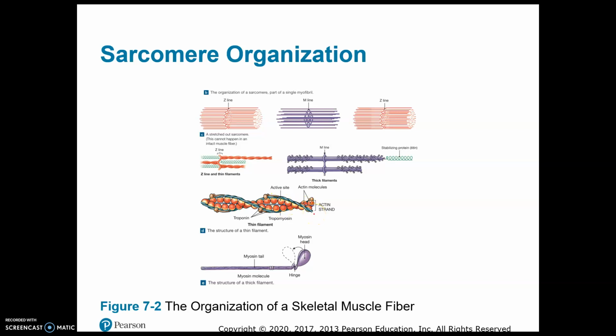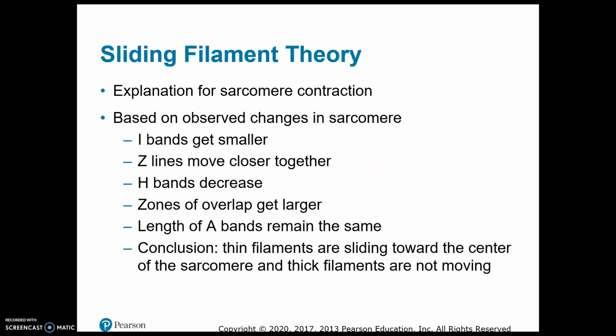So when the sarcomere is at rest, when it's not contracting, tropomyosin covers those active sites so the myosin head cannot attach to them and bind. And troponin is a molecule, which is brown, that holds the tropomyosin in place. So if the troponin is ever moved, then the tropomyosin moves off of the active sites. And we're going to talk about that because that's one of the steps of a muscle contraction.